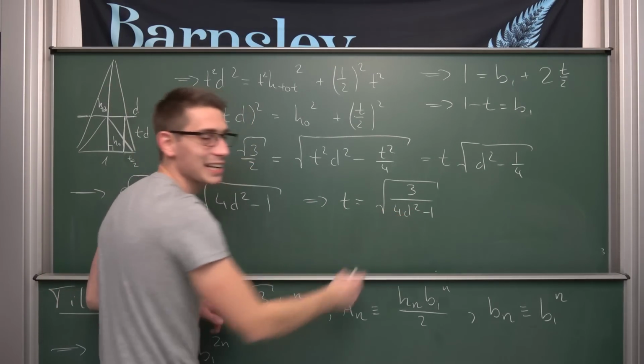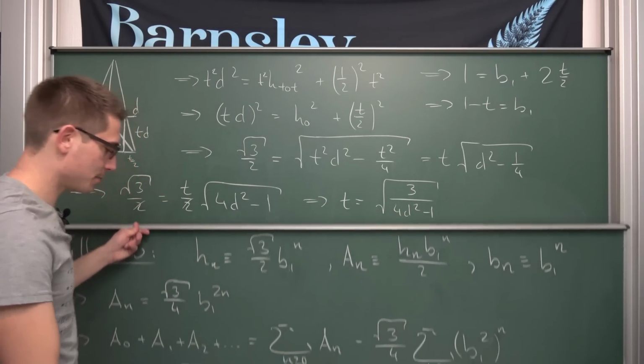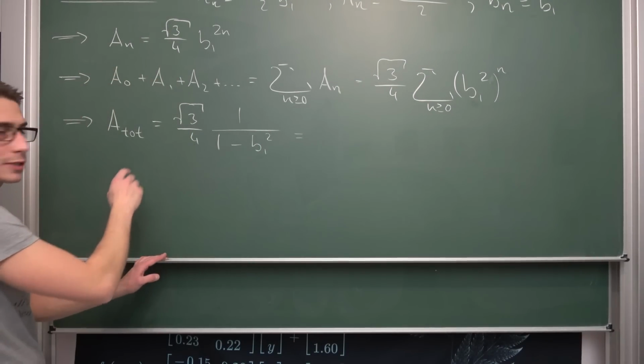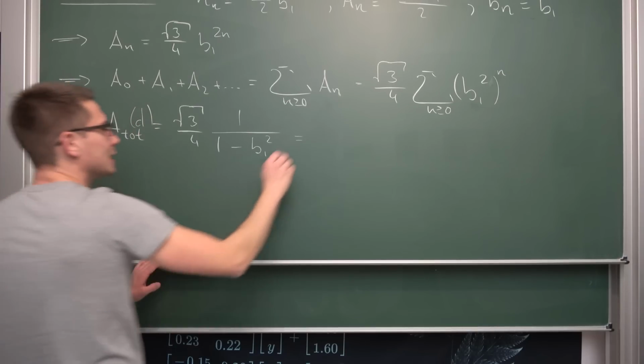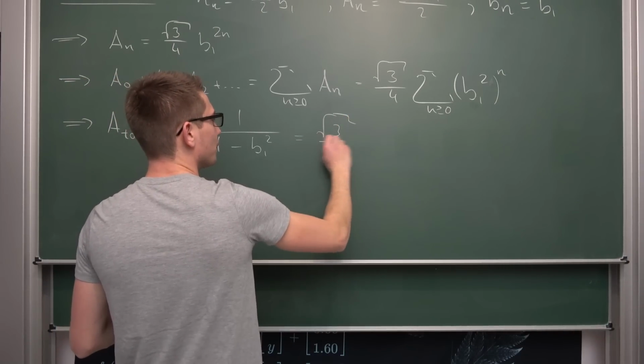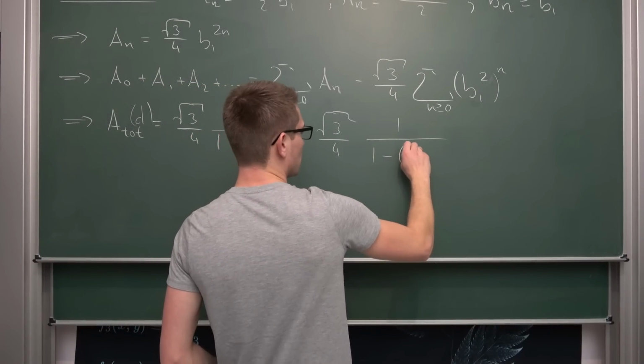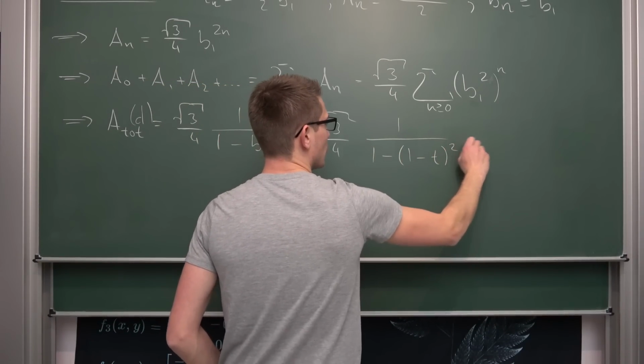But the scaling factor is with respect to our slant length. And this is where the real magic happens, namely we're going to plug everything into here. We're going to get that the total area with respect to the slant length, at the very least, is going to be square root of 3 over 4 times 1 divided by 1 minus 1 minus t squared.